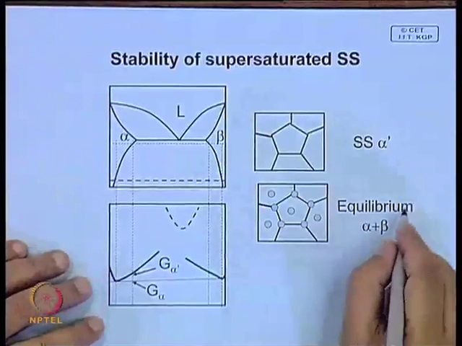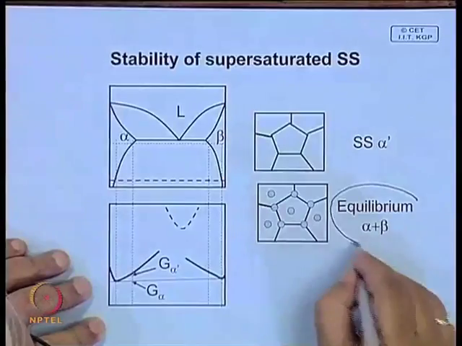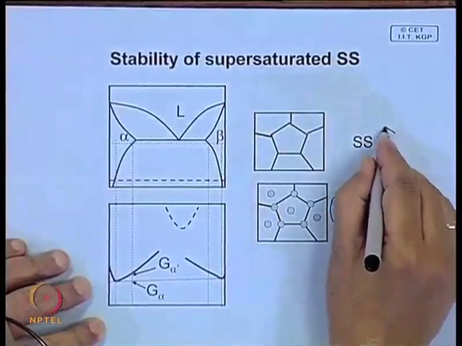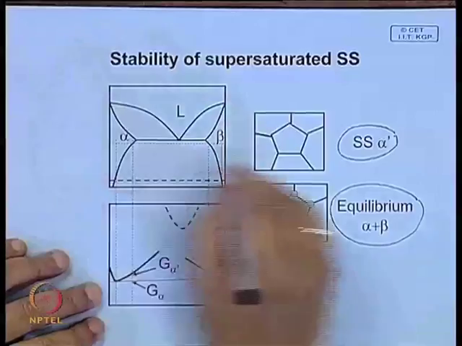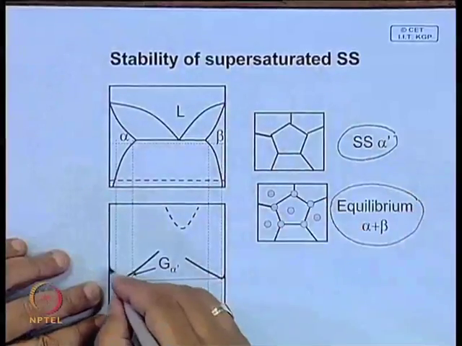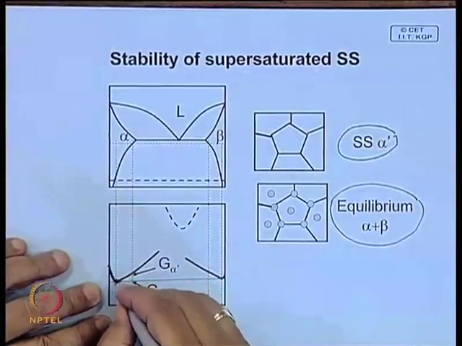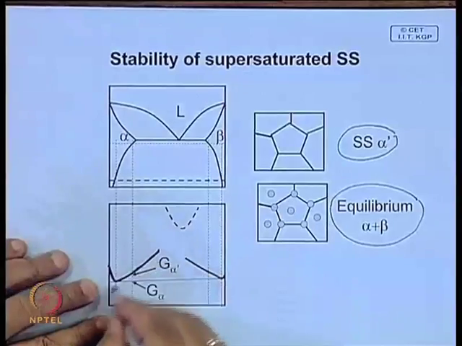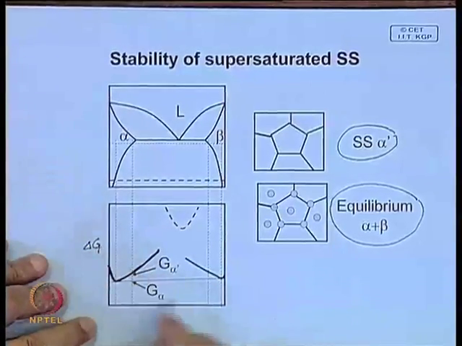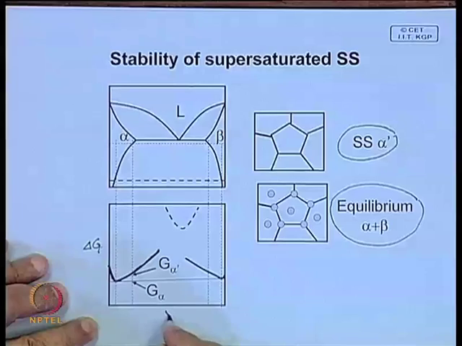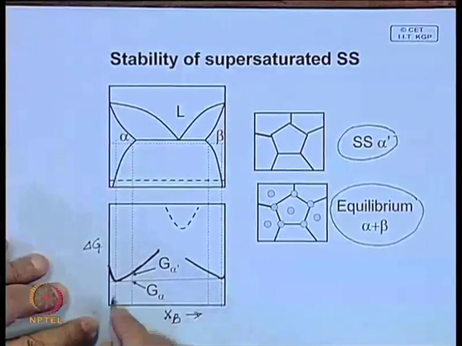This is the equilibrium structure and we have a supersaturated solid solution. Let us say the free energy composition diagram of that supersaturated solid solution is given by this curve. So, this is the free energy and this is composition, that is atom fraction B in this direction.